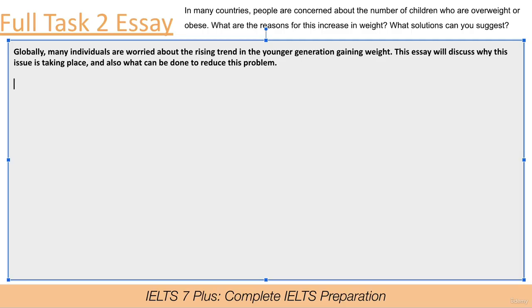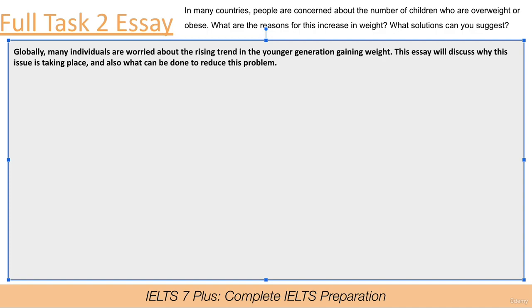Okay then, so we've got our paraphrased first sentence. Then we move into our structure, what we're going to do in the essay. So now we are ready to tackle our reasons.